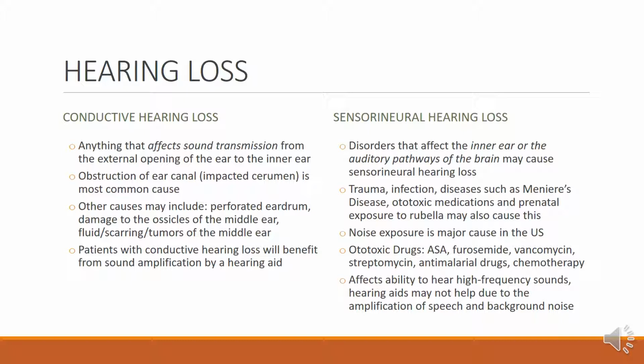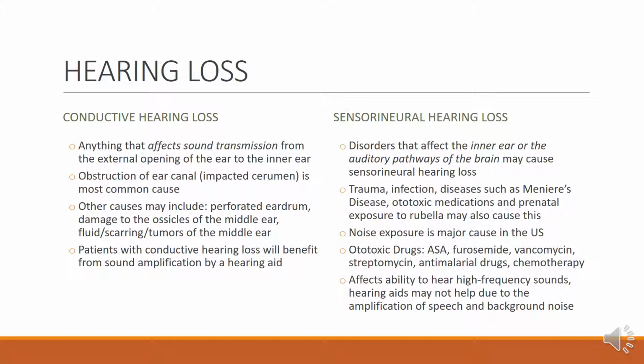Moving on to hearing loss, there are 2 different types of hearing loss. There's conductive hearing loss and then sensorineural hearing loss. So with conductive hearing loss, anything that affects sound transmission from the external opening of the ear to the inner ear. This can be from obstruction of the ear canal, impacted cerumen or earwax.